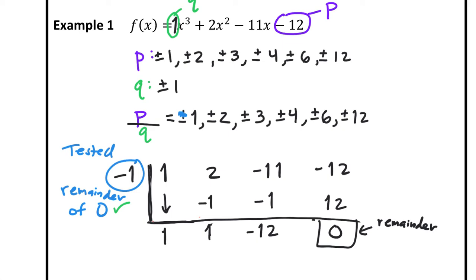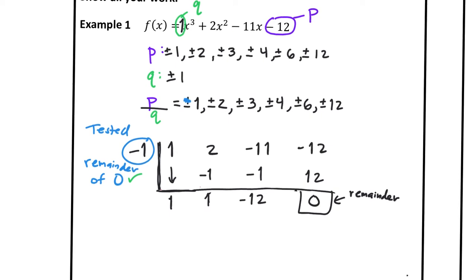Okay, so what would we do next as far as synthetic division goes? We would say, okay, what was the power of the problem originally? It had the power of 3. So when I use these numbers from my synthetic division, I'm going to start with x to the second power. So I'm going to go down by 1.